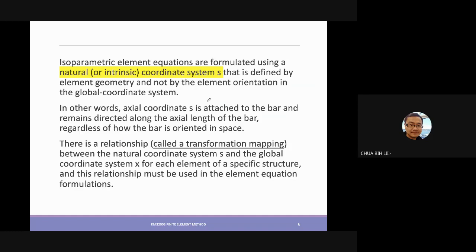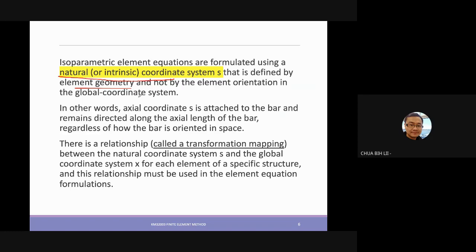This ST coordinate, we would call a natural or intrinsic type of coordinate system, which is defined according to the element geometry, and not according to the global coordinate system. You will later see how we attach this coordinate system to our elements.